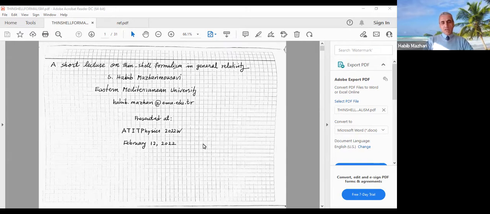Our space-time is not anymore Euclidean. We are, in the simplest case, in Minkowski space-time. But in general, we are going to stay in curved space-time. So now we're going to see where this appears, I mean, where thin shells appear in general relativity.